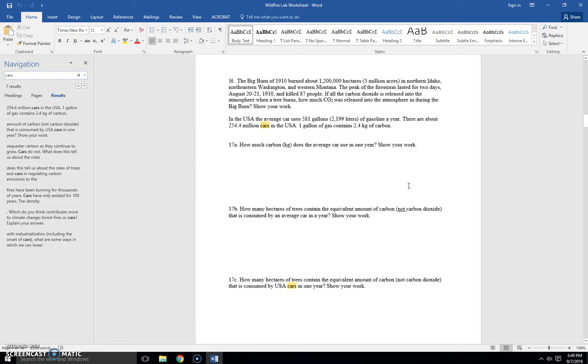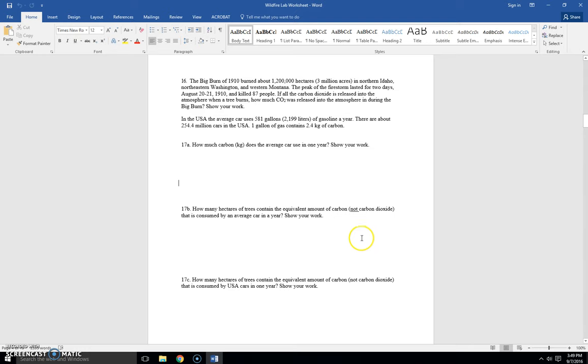So it's page 4. And so we're comparing emissions of cars with wildfire emissions of carbon dioxide. We'll play with those numbers and really see how much carbon is released into the atmosphere with car emissions and with wildfires.